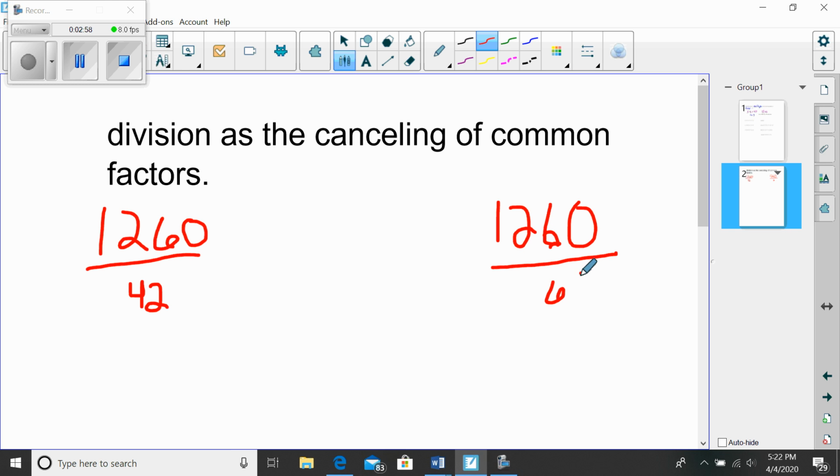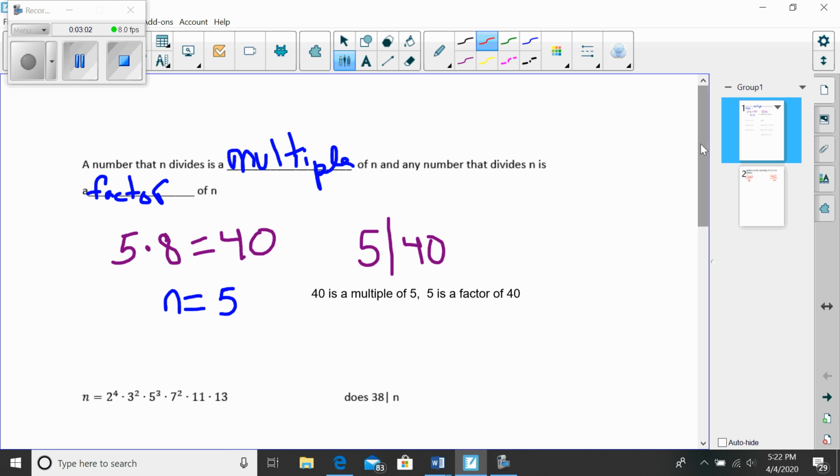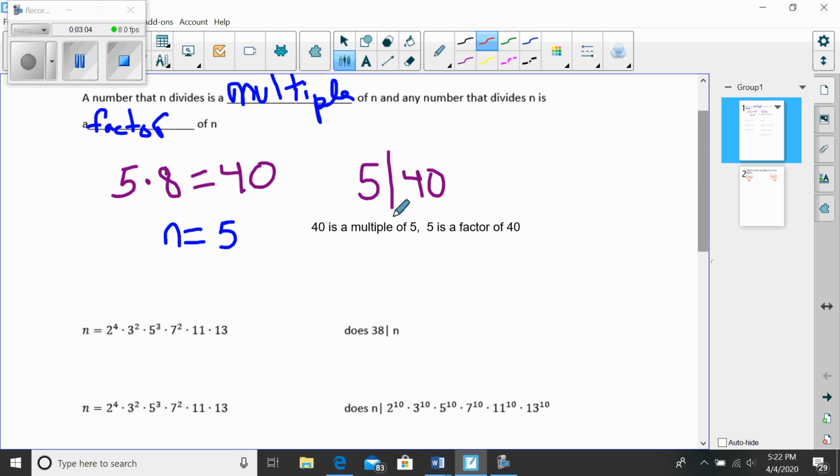And don't forget our new symbol for divides. All right, I was using it up here and I introduced it the other day. This line here means 5 divides 40, right? So I introduced this. This is a college level way of writing A divides B.